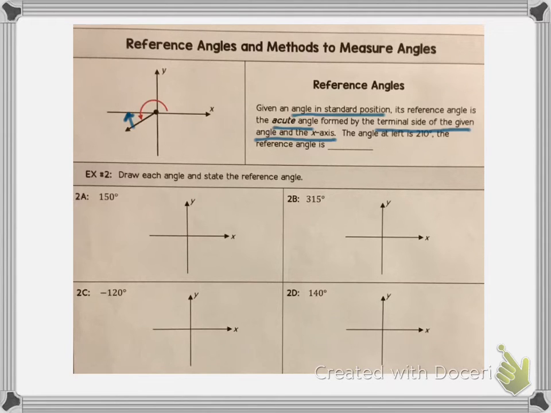So if I'm going 210 degrees, this is 0, this is 90, this is 180, and this is 210. So it's the difference between 210 and 180. That is my reference angle, and that value should be 30 degrees. So again, they gave me 210 degrees in standard position.